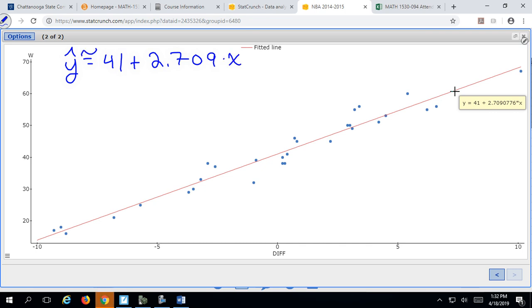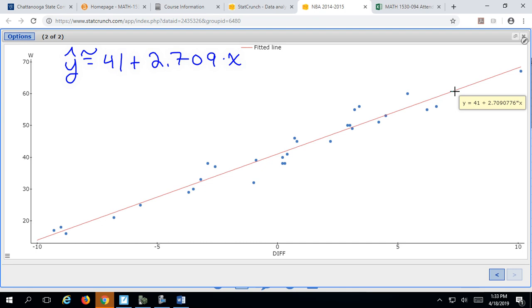I rounded that, so I'll say approximately. So if I were to say, I'll give you the point differential for a team for a season, and you tell me how many wins they had. Okay, so what would you do?